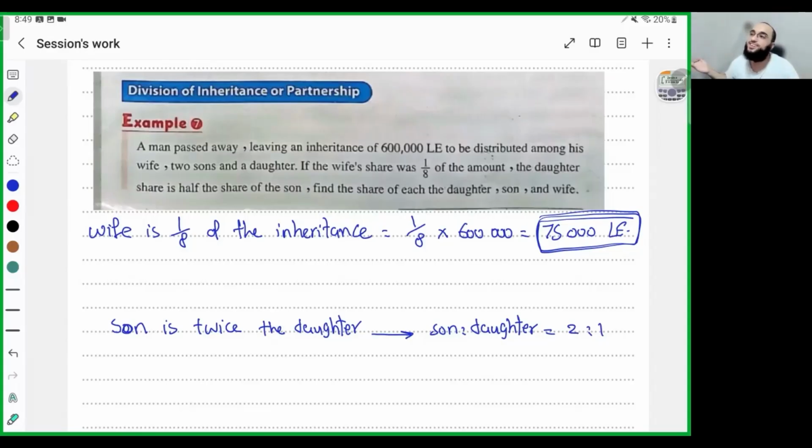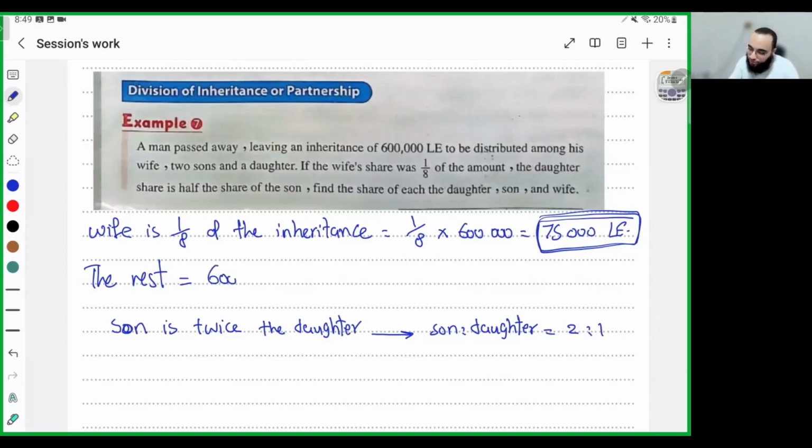What the rest? So the step is that we have to calculate the rest. If we took 75,000 from the whole inheritance, what's the rest? What's the remainder? What remains? We took 75,000.